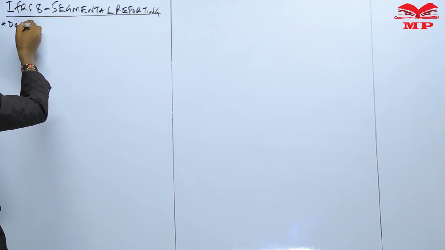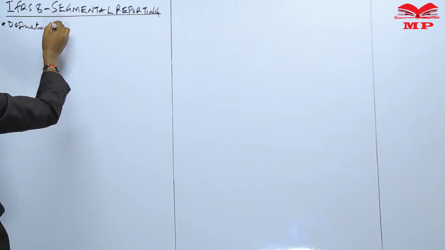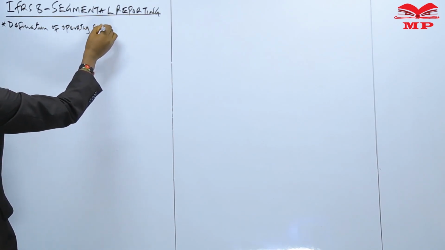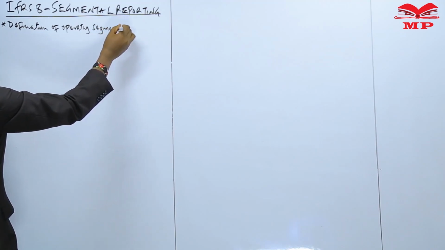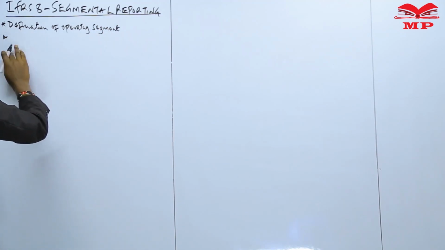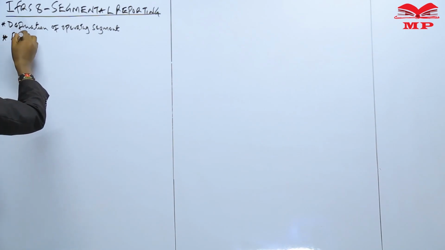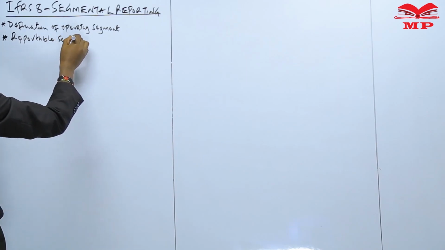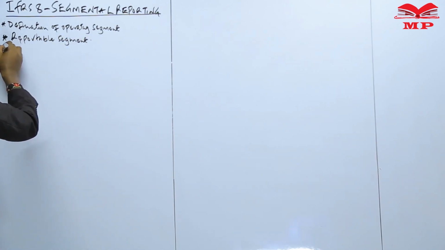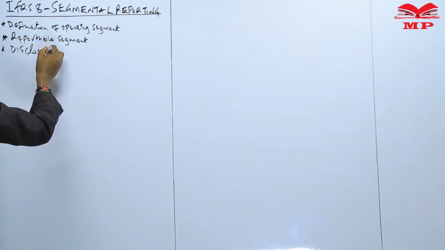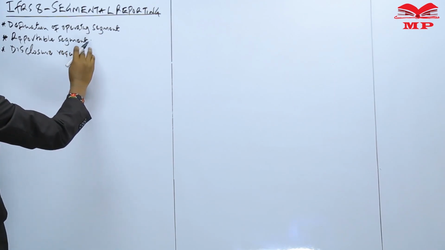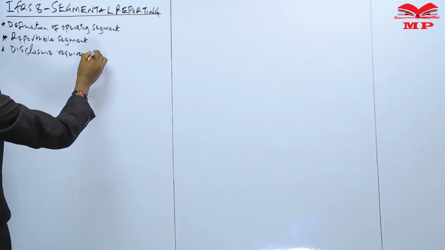One, we shall be looking at the definition of an operating segment as per IFRS 8. We're also going to look at the criteria used by an entity in identifying what is a reportable segment. Still, we're also going to look at the disclosure requirements, or basically the information which is supposed to be disclosed for each reportable segment.